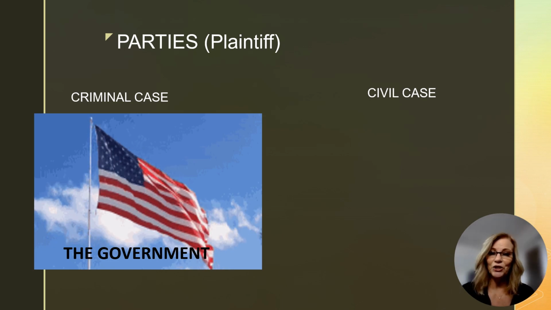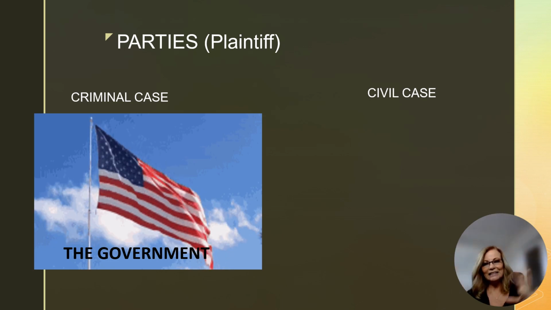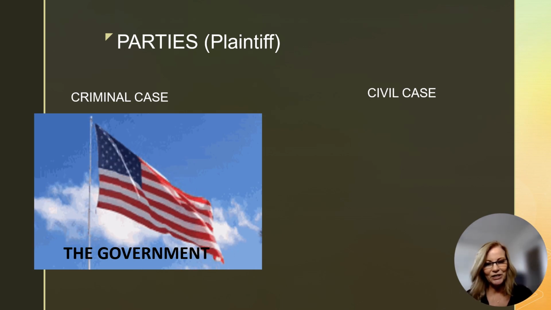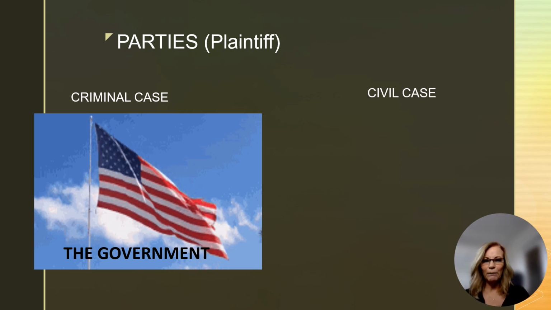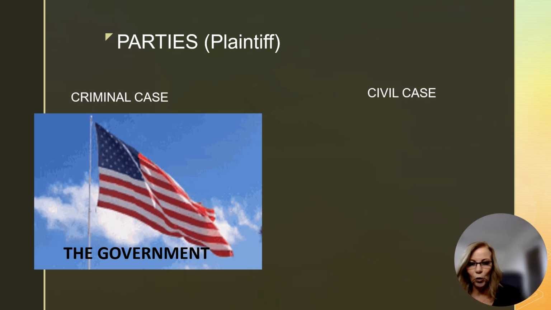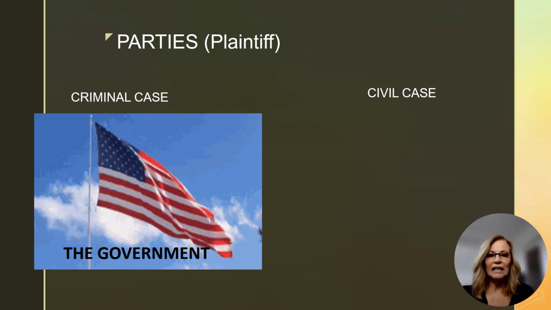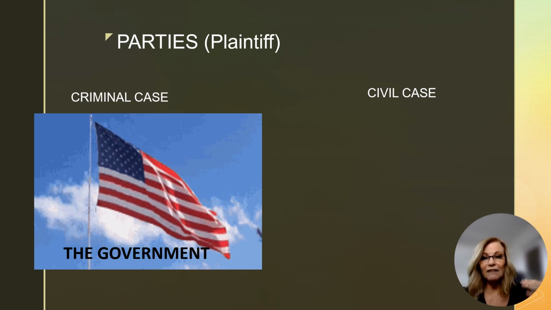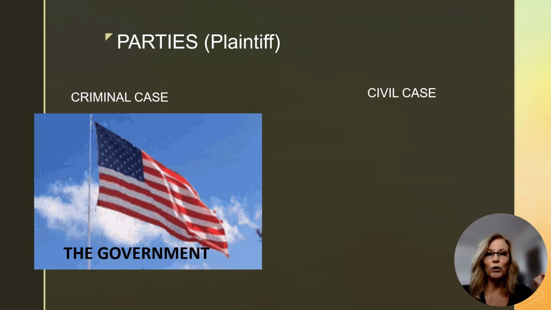They don't get to press charges. So you see that a lot. Even the news media sometimes says press charges. It is always the government. You're going to see the state of Kansas, or you're going to see the U.S. District Court, or you're going to see, if it's a municipality, the city of Olathe, the city of Overland Park. That is a criminal case, okay?